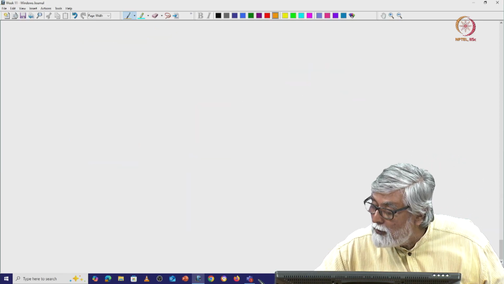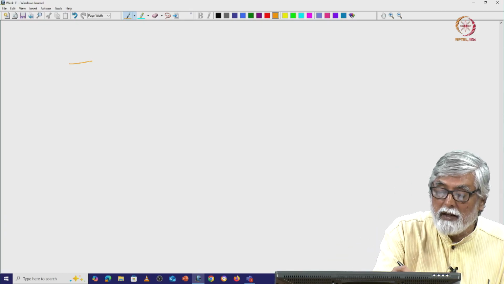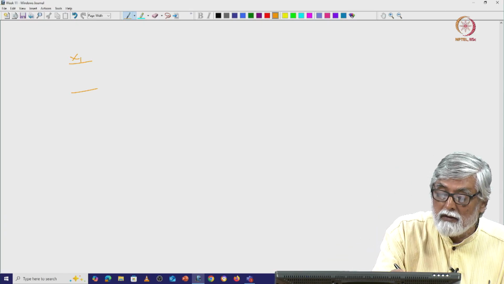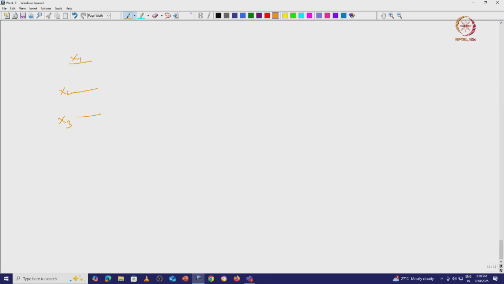Suppose we do something more on this, like the following. I have input x1, I have another input x2, I have another input x3. I have connected this to neuron 1, this to neuron 2, this to neuron 3 in the following way.